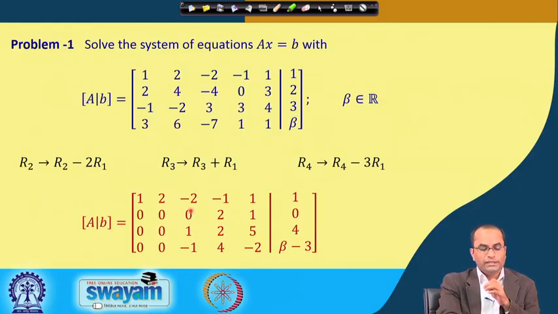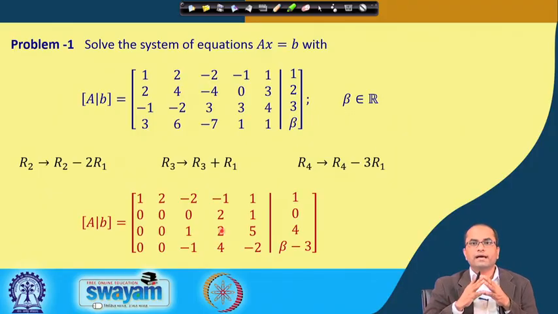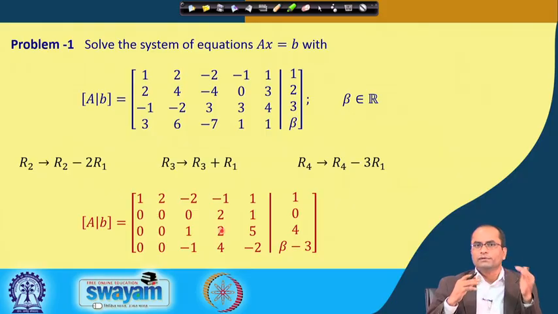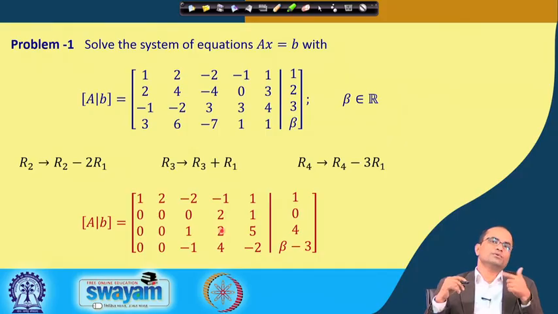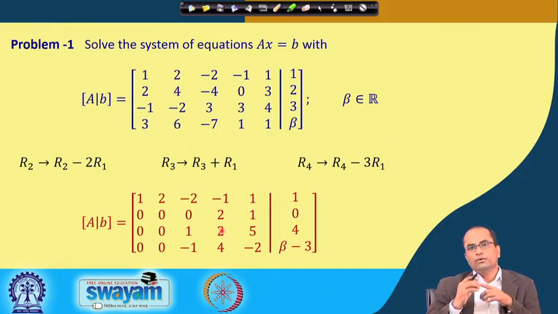But here what do we realize, that there is already 0 there. But remember this stepwise structure of the echelon form, and this is a very systematic approach. So, with the help of equation 1 we remove the first variable x1 from equations 2, 3 and 4, then equation 2 will be used to remove x2 from equations 3 and 4, and then equation 3 will be used to remove x3 and so on.